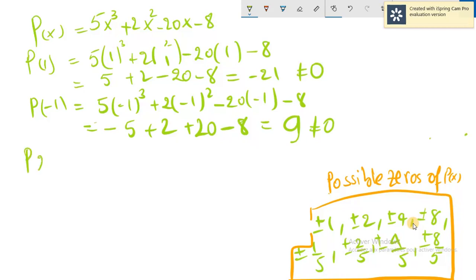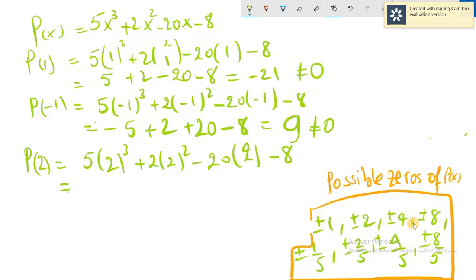Let's figure out for 2. P of 2 is equal to 5 times 2 cubed plus 2 times 2 squared minus 20 times 2 minus 8. So let's calculate. 2 cubed is equal to 8. 8 times 5 is 40. So I get 40 here.